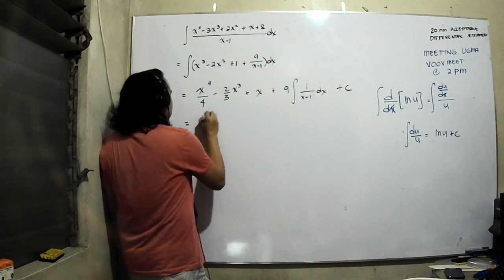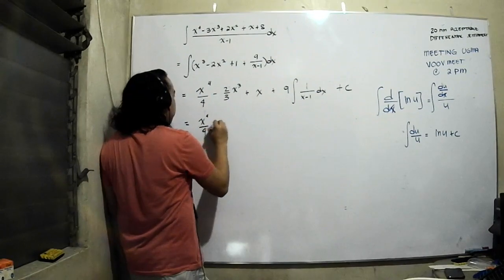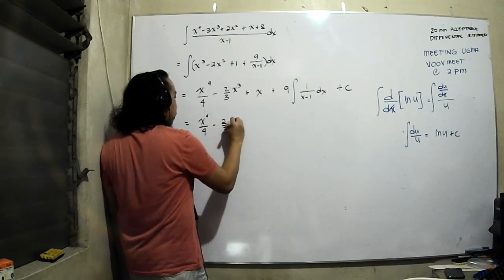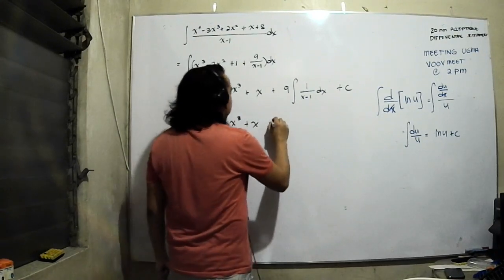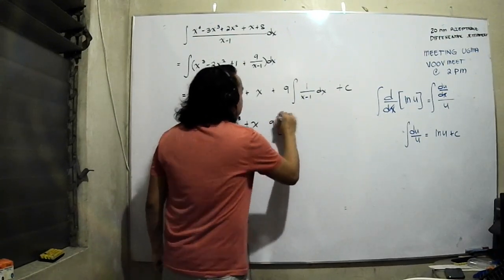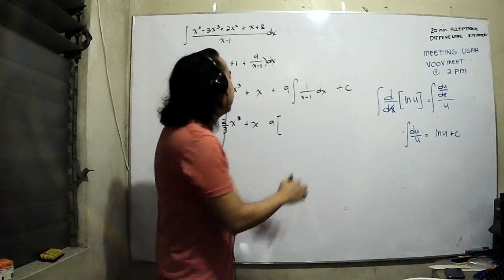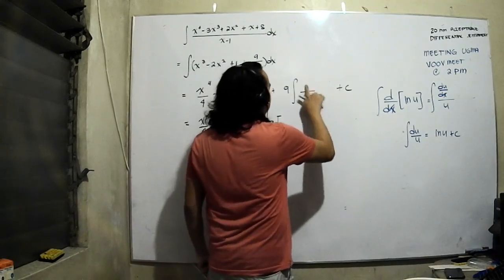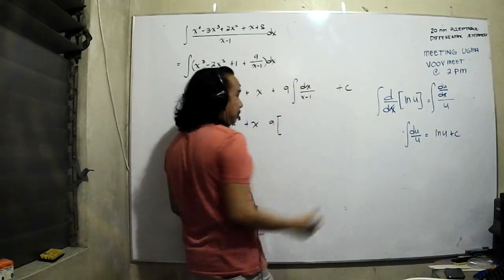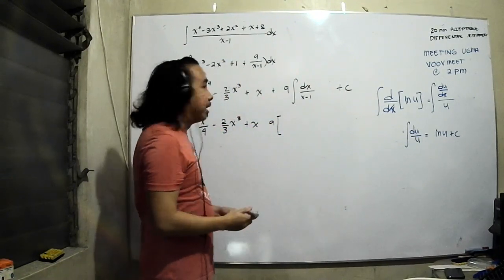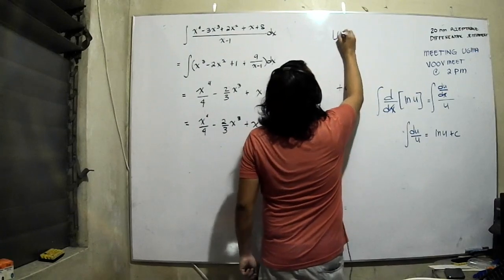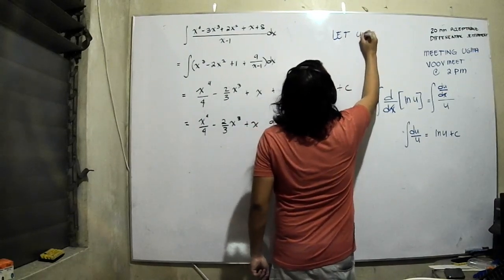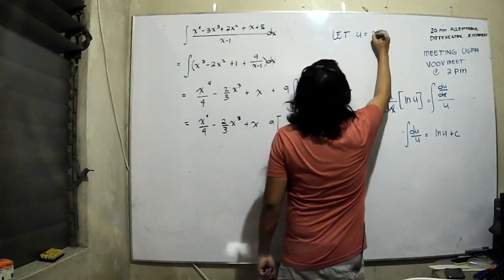So 4 over 4 minus 2/3, plus x, and the 9 is a bit of an issue. So let u be equal to x minus 1.